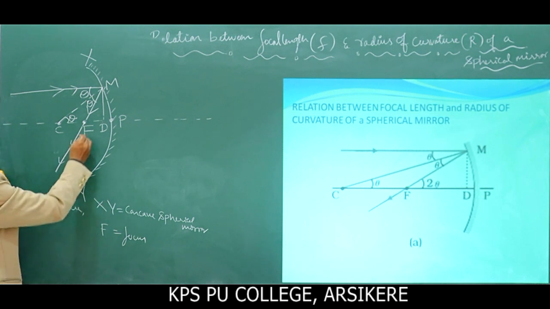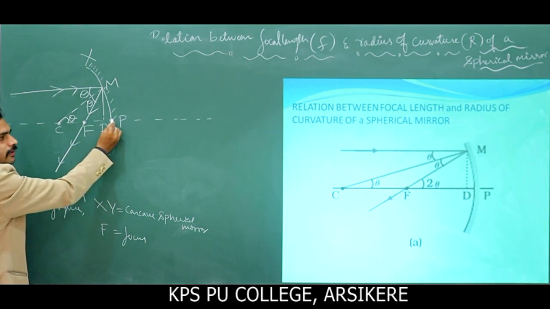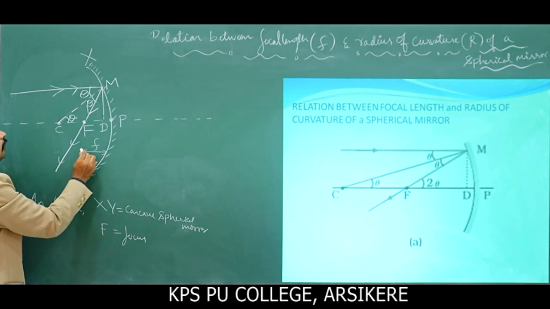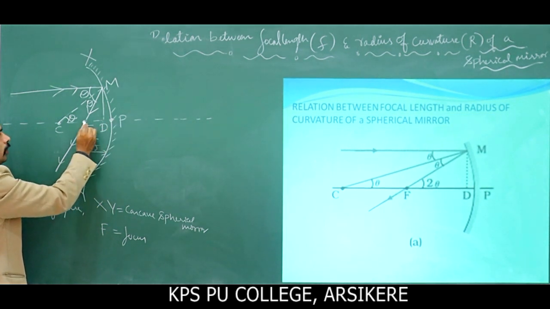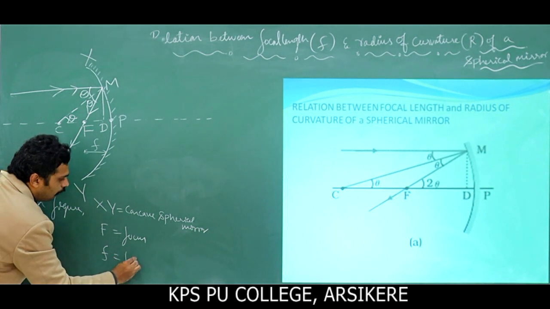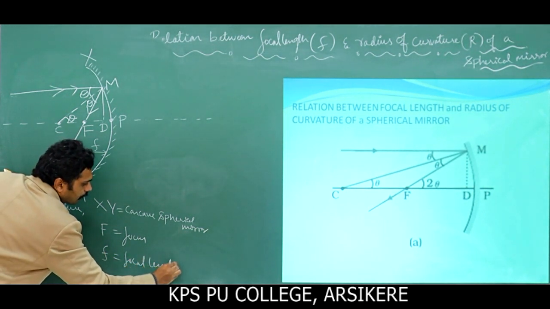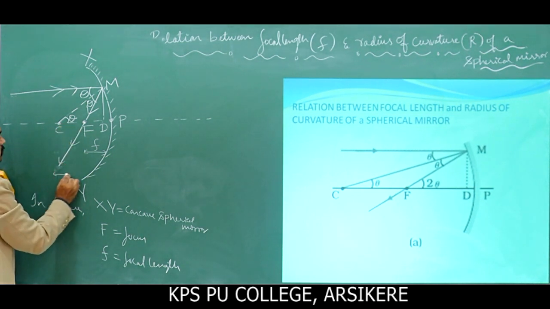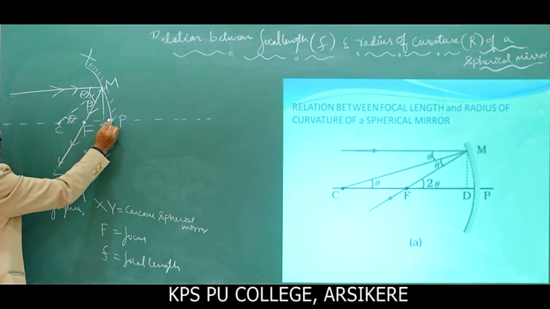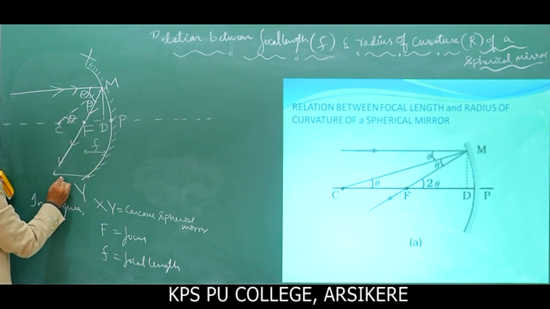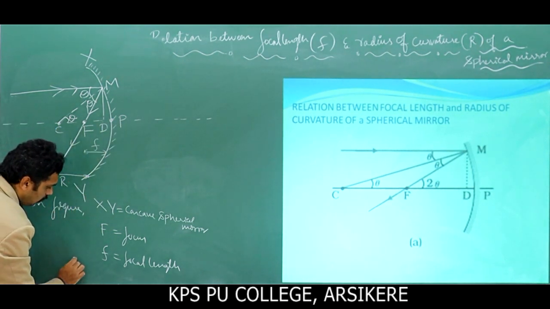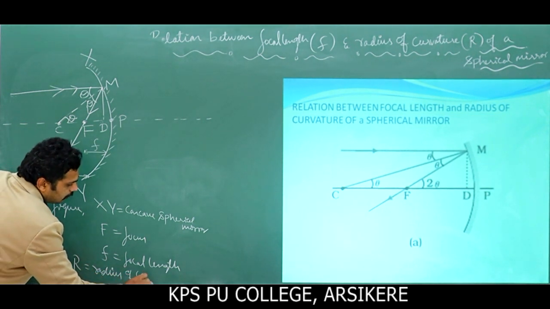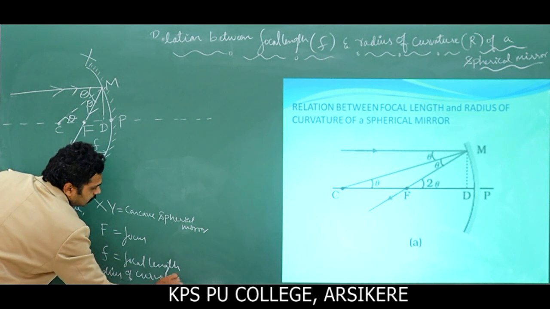CM is the normal. The distance between pole and focus is called focal length. Small f is the focal length. And the distance between P and C is called R. What is R? R is the radius of curvature.